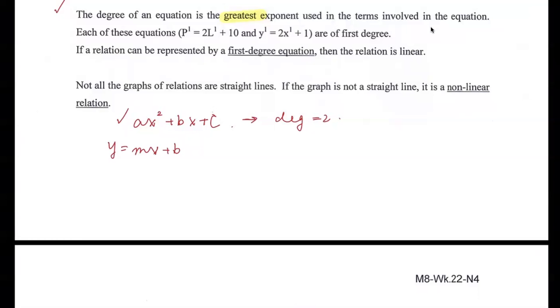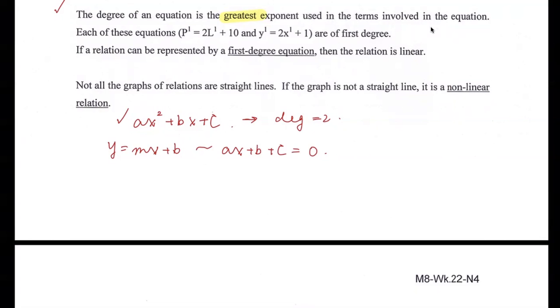And sometimes we say the general form is ax plus b plus c is equal to 0. So these two forms, they're actually the same, okay? We use different letters, but they are the same form, okay? They represent the same relation.